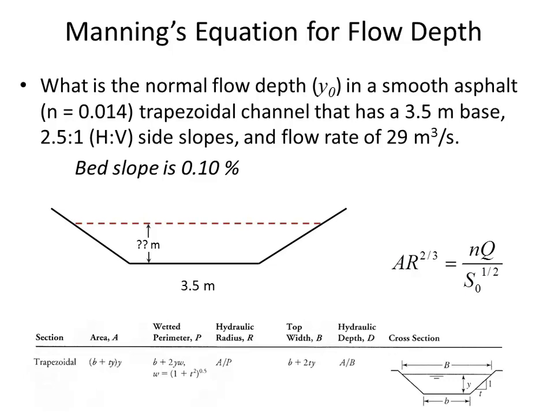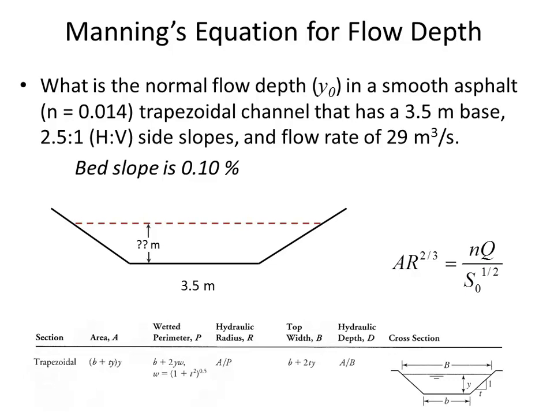The wetted perimeter we can calculate once we know this factor W. And in the table it says that W is 1 plus T squared to the 0.5 power. And so for us it is 1 plus 2.5 squared to the 1/2 power.